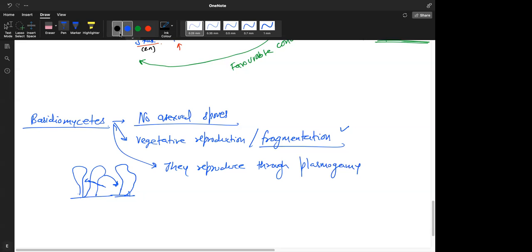Now, tell me, you have studied it. What does the word plasma mean in biology? Fluid. Yes. So their hyphae or mycelium must be having some fluid filled inside, right? Yes. So, and gamy means, always write down, fusion or union.